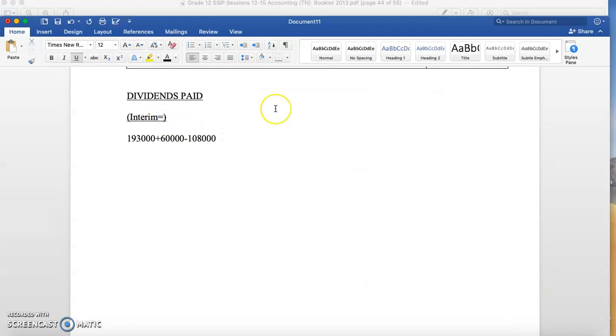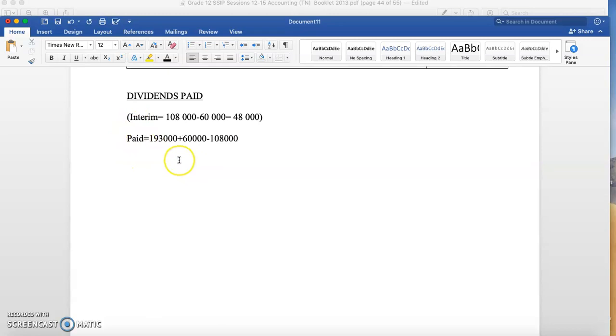So it's the balance of this year minus the balance last year. That's how much we paid in interim shares, okay? And that should give you 48,000. Okay, perfect.